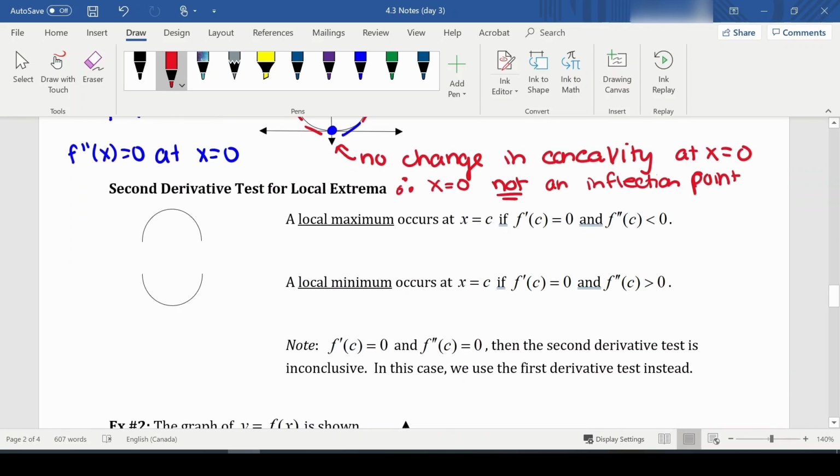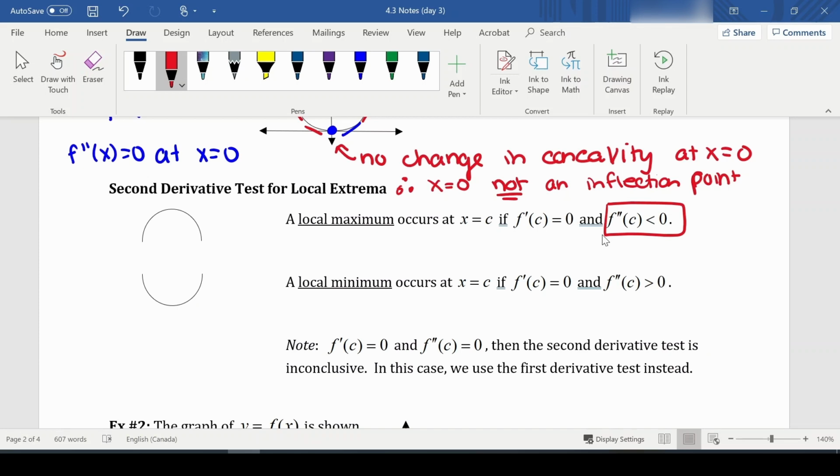Now we can also use second derivatives to find maximums or minimums. Okay. And that is if f prime of c is equal to 0, instead of testing to see if f prime changes direction, we can test for concavity. If I have something that is concave down, meaning f double prime is negative, and f prime of c equals 0 at a specific point, that must be a local maximum.